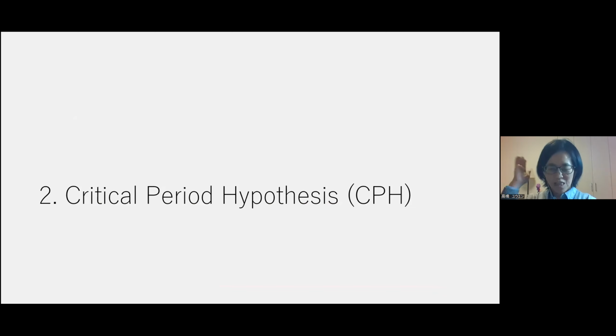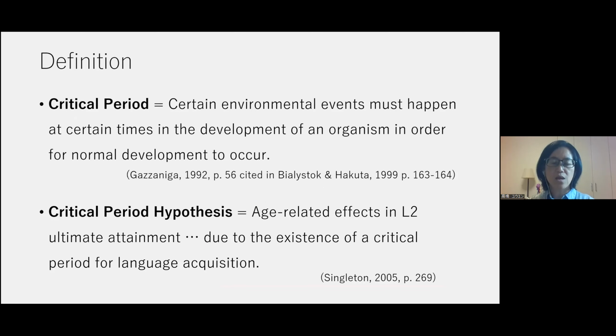Leave that sort of in the back of our head, and let me move on to the next topic. The next topic is the critical period hypothesis. Critical period is defined as certain environmental events must happen at certain times in the development of an organism in order for normal development to occur.